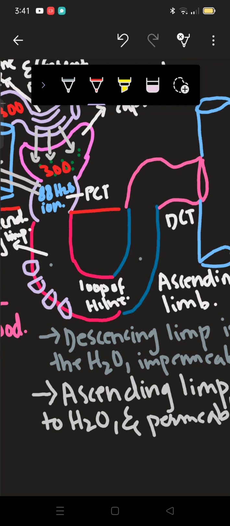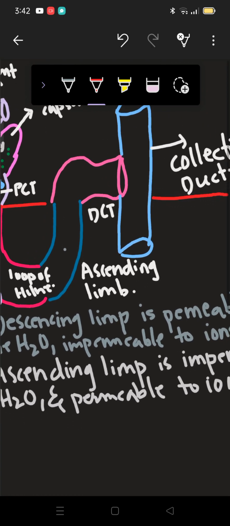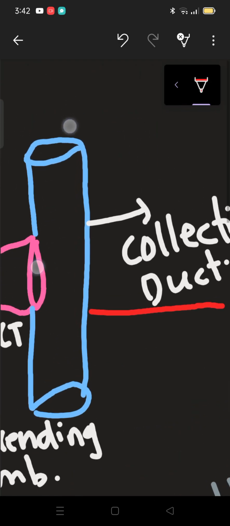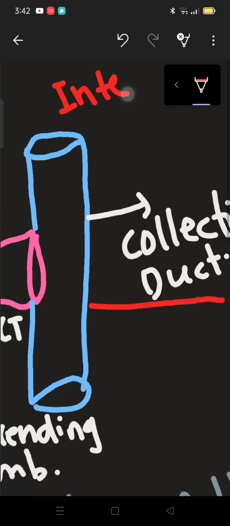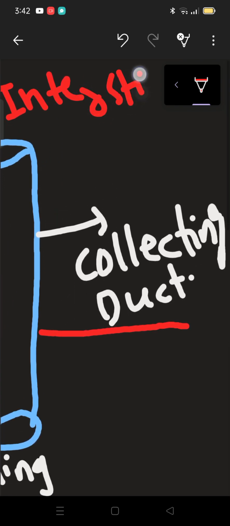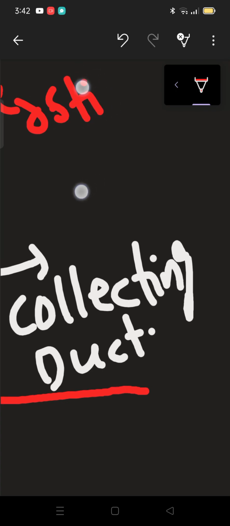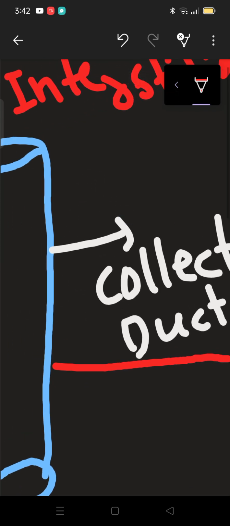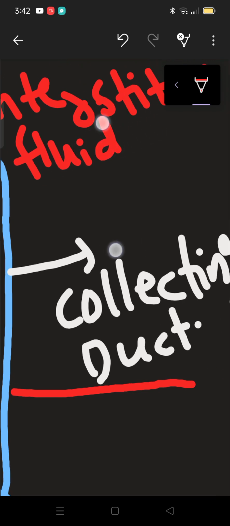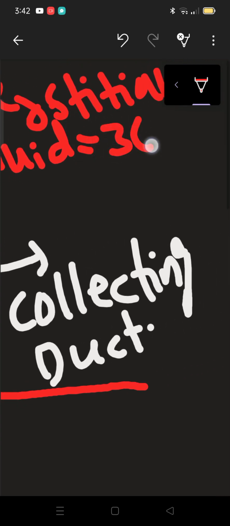But after this, when the juxtamedullary nephron is happening, or when the loop of Henle is going down, the osmolarity is increasing.